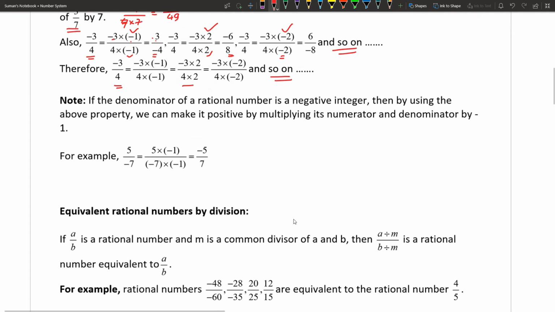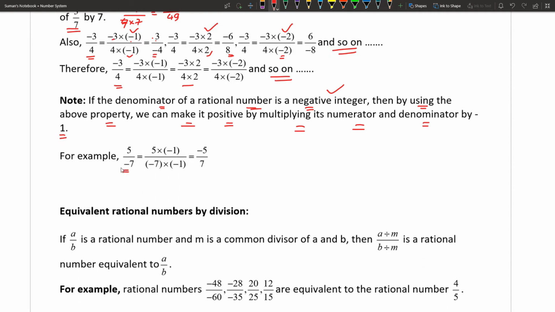We have to remember, if the denominator of any rational number is a negative integer, then by using the above property we can make it positive by multiplying its numerator and denominator by minus 1. Suppose 5 upon minus 7.